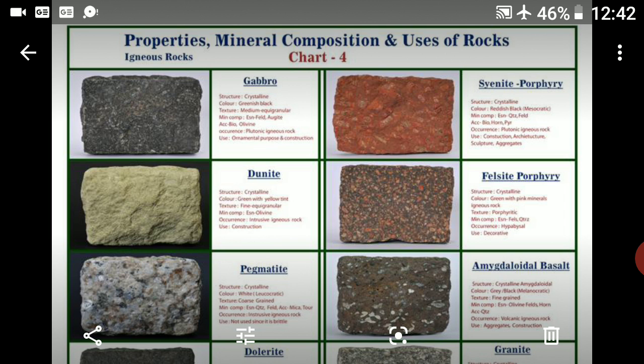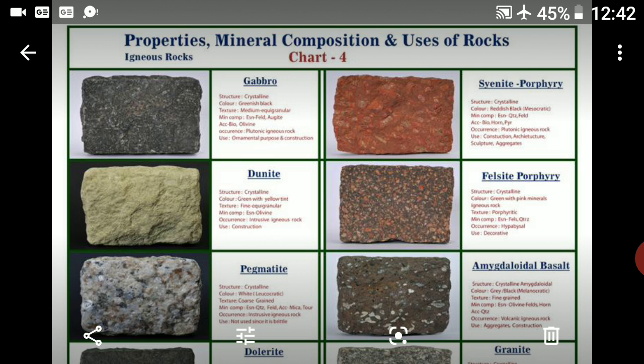And mineral composition: the essential mineral is olivine, only essential mineral, not an accessory mineral. Olivine mineral is essential to form the dunite. Occurrence: intrusive igneous rock. Use: for construction. This dunite also will be used for construction purpose.